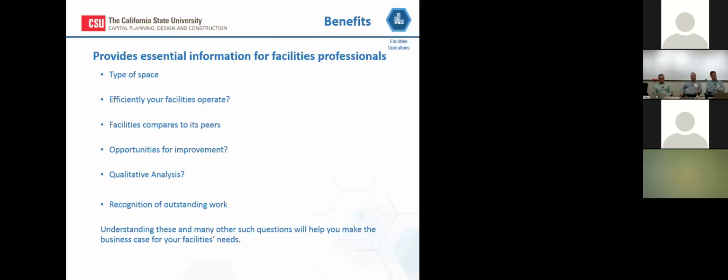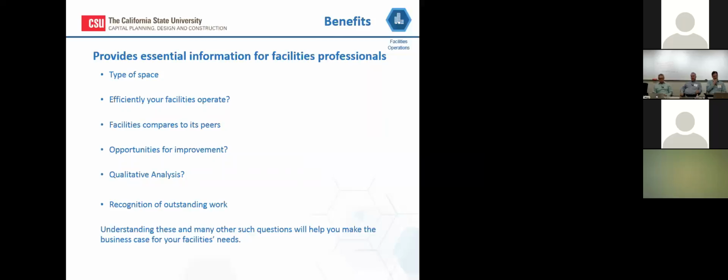We'll look at how efficiently your facilities are operating, so you can compare that to other institutions outside of the CSU, as well as cohort campuses within the CSU, looking at staffing levels and that kind of thing.